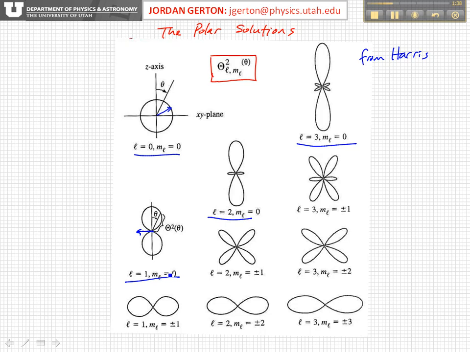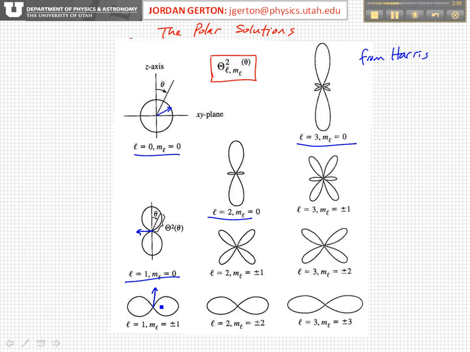And then for L equals 1, ML equals plus or minus 1, now we have the opposite. If we look along the z-axis, we have 0 probability of finding the electron, or the particle. But if we look mostly along the xy plane, then we have a higher probability. And again, this is satisfying.